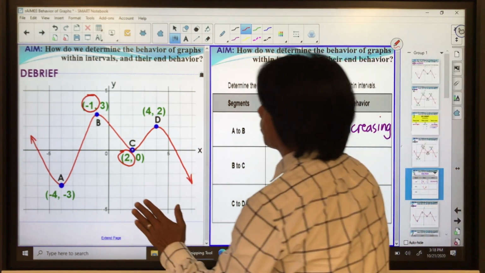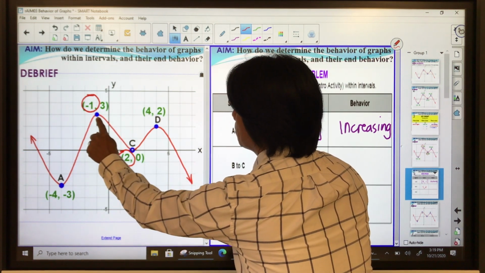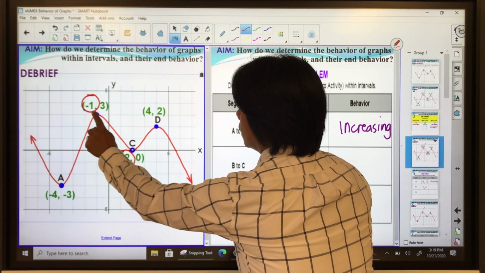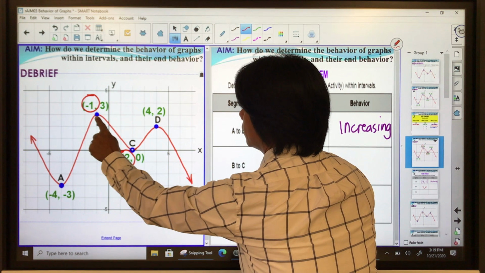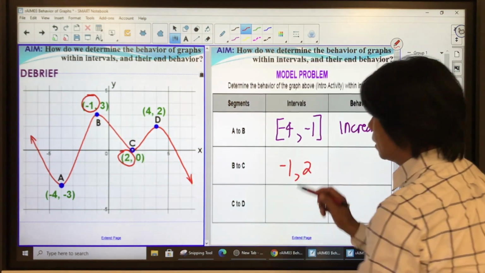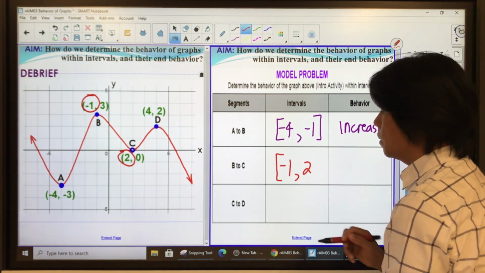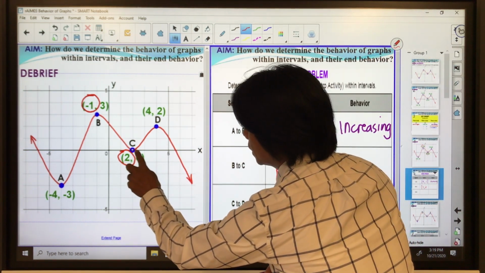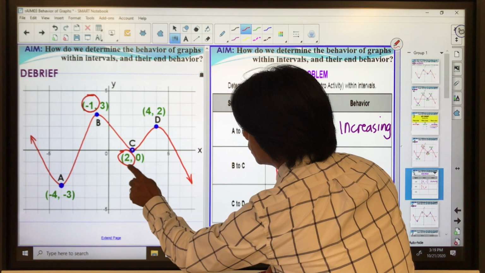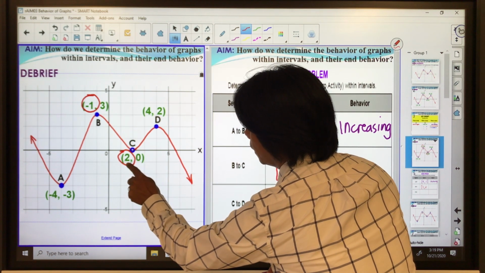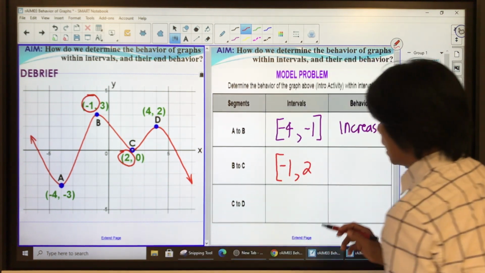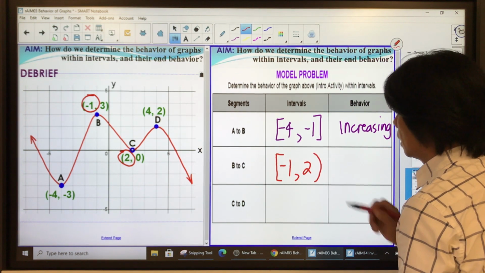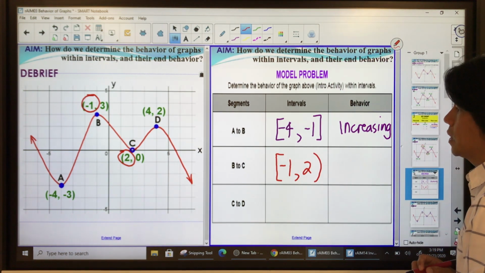Now, since this is on point B, it's a solid circle, that means -1 is included, so we're going to use a bracket. But take a look at point C. It's an open circle, so therefore x value 2 is not included. So I'm going to use a closed parenthesis.